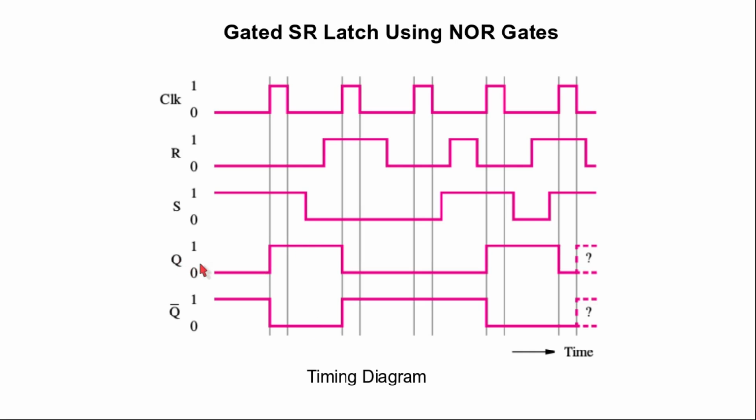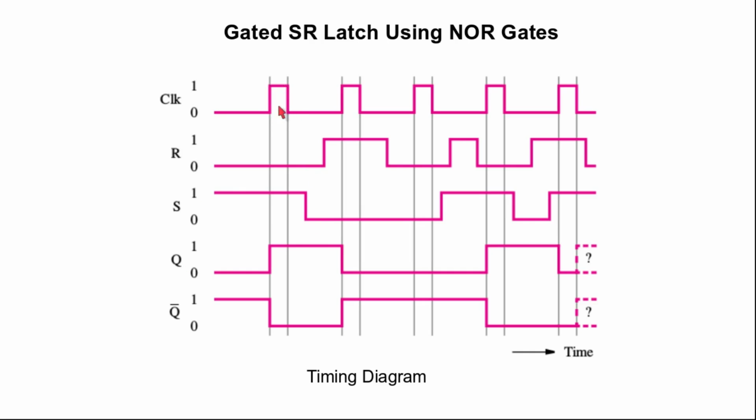To draw the Q and Q prime signal given these other three signals, you have to remember the characteristic table, and from the characteristic table you know that the state of the latch will change only when the clock input is equal to 1.